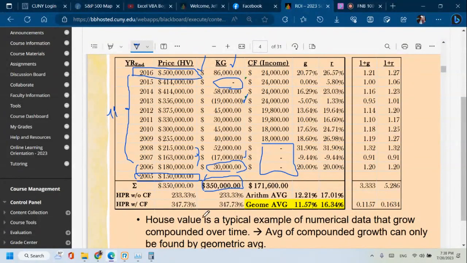Now, just like stocks go up and down in value, the price, the house also goes up and down in price, the value, right? Let's call it price. Value is a more philosophical thing.